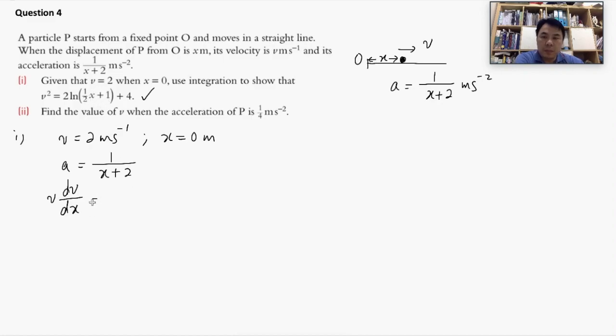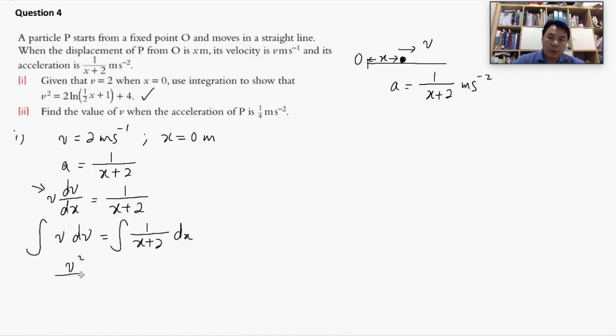So this should be written using this format instead. From here we have v dv, and then we have 1/(x+2) dx. And then after integration, we have ourselves plus c. Okay, we can continue from here.